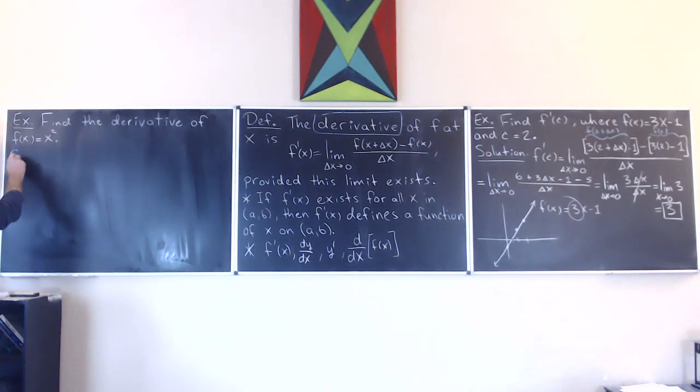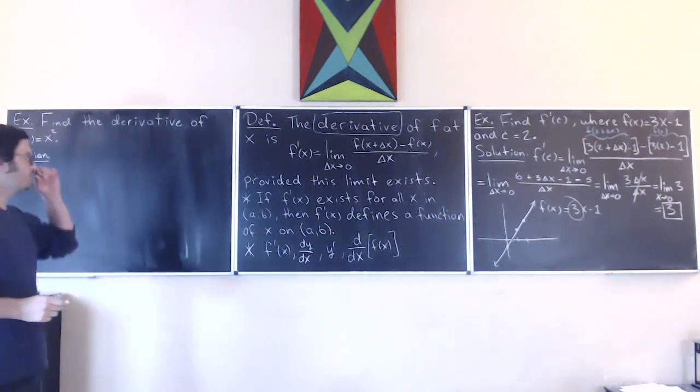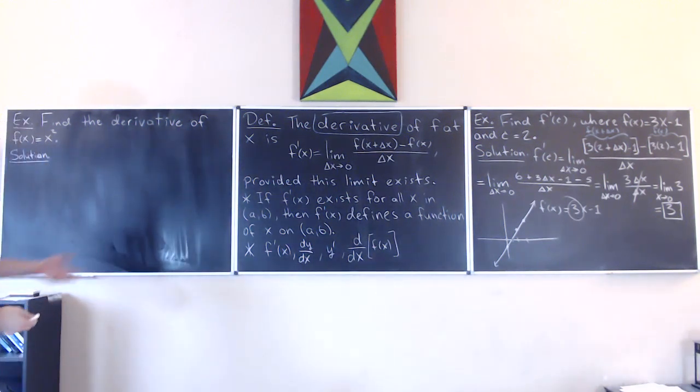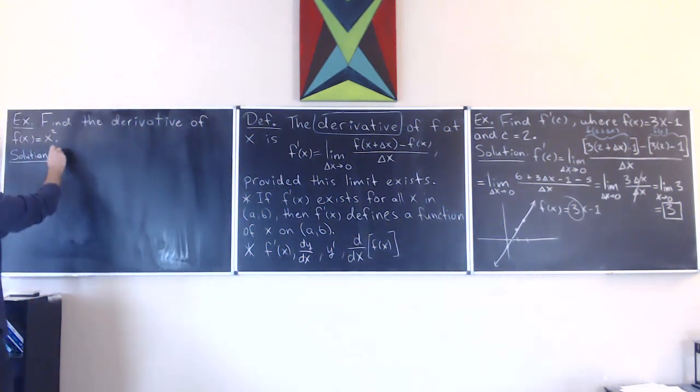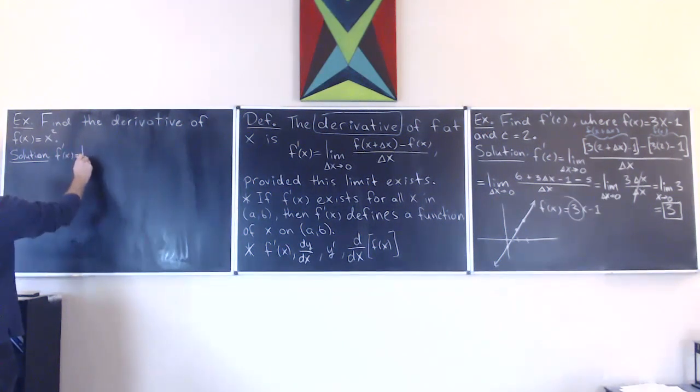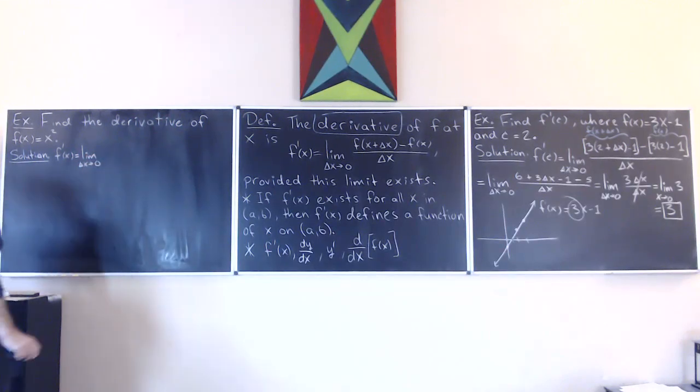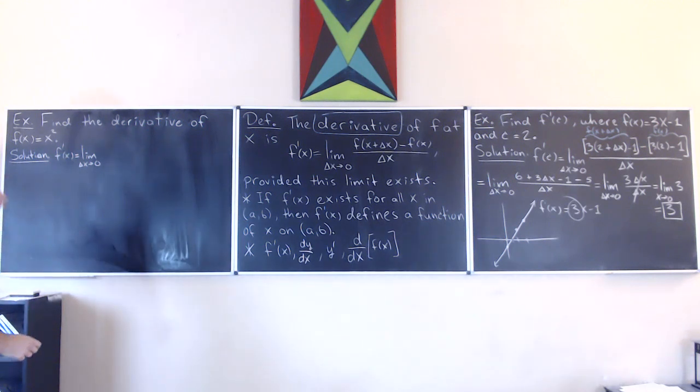Okay, so solution. We just need to plug in. So f prime of x is equal to the limit as the change in x goes to 0 of the difference quotient.